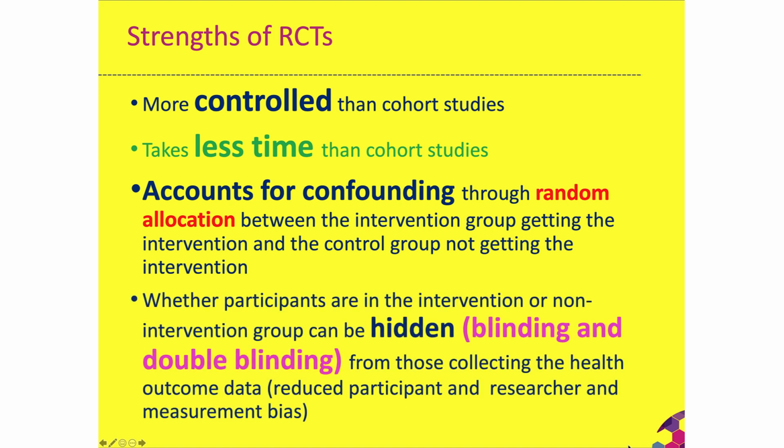And we also use blinding or masking to hide the key information from participants and researchers, so that we reduce participant and researcher information or measurement bias. However, there are some key limitations of randomized controlled trials, and these are: there is still a potential for selection bias, especially at the beginning, because we don't randomize participants at the very beginning.